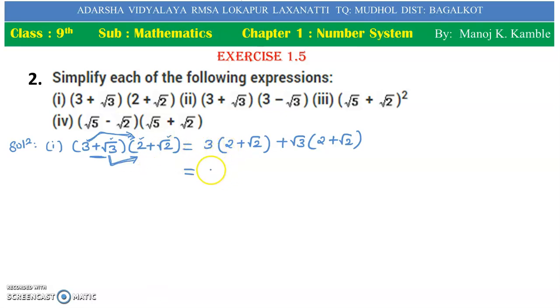Now once again applying the distributive property. So 3 into 2, that is 6. So here plus into plus becomes plus.